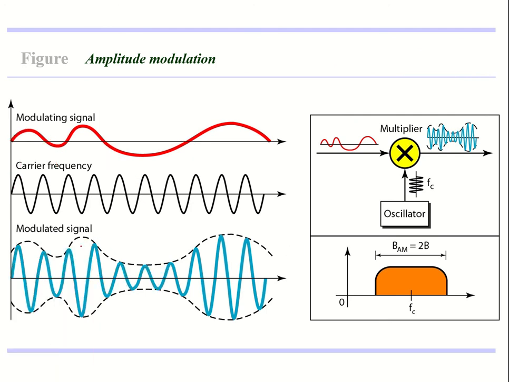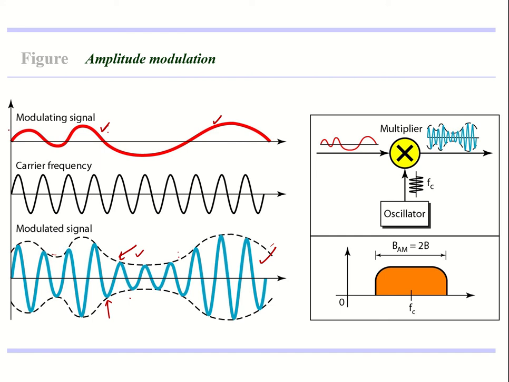If you look closer, this dotted line, the envelope of the modulated signal, is basically your message signal. We put a dotted line of the message on top and on bottom, and if we plot in between them, we get our modulated signal.